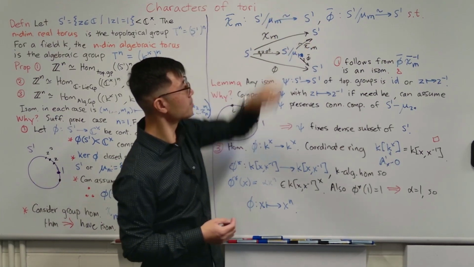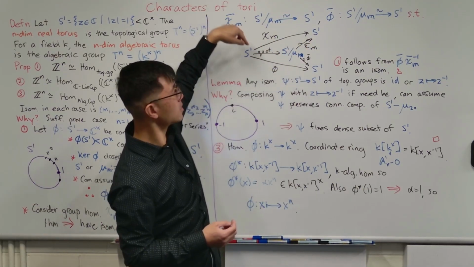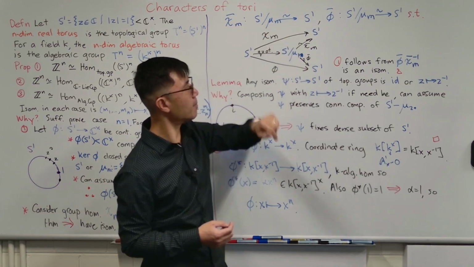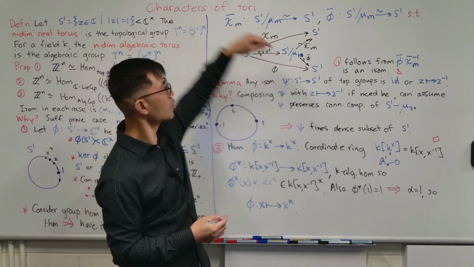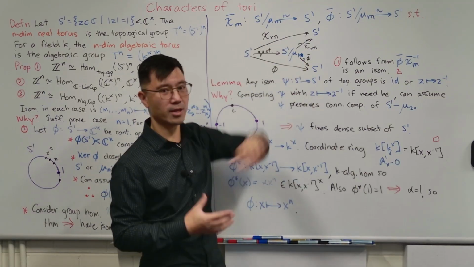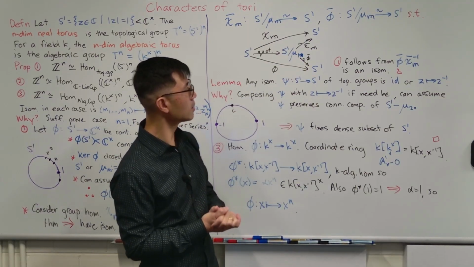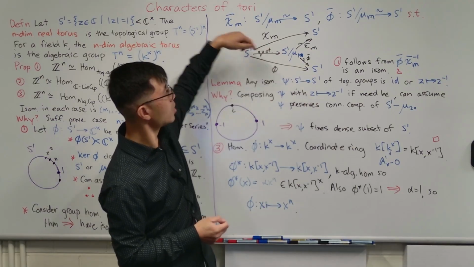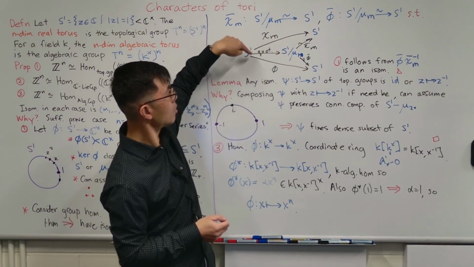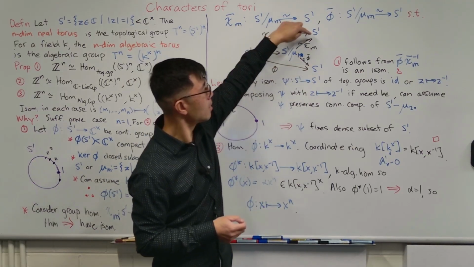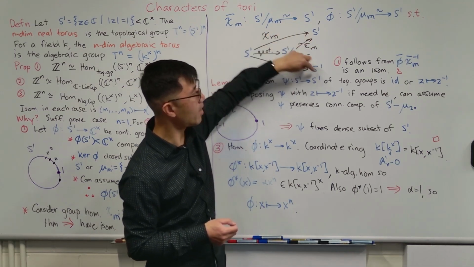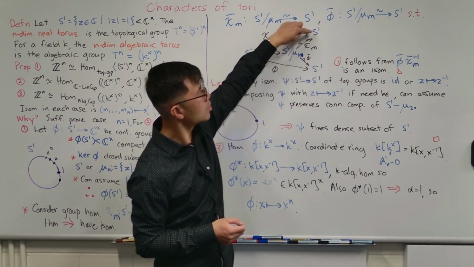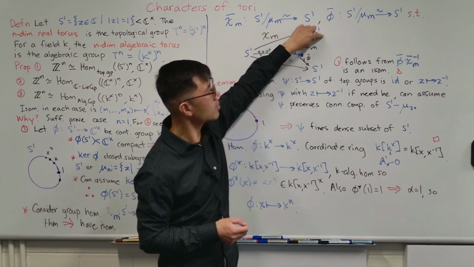And similarly, phi factors through the quotient map by this phi bar. These are isomorphisms, and we want to compare chi m to phi and show that they are more or less the same. How do you go from one to the other? Well, phi is just chi m composed with the isomorphism chi m bar inverse phi bar. So we just need to know about isomorphisms from S1 to S1.